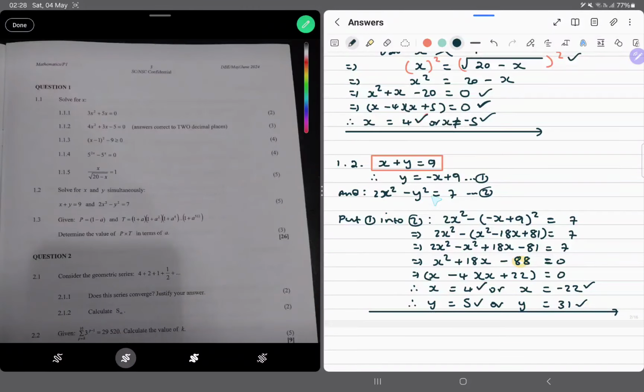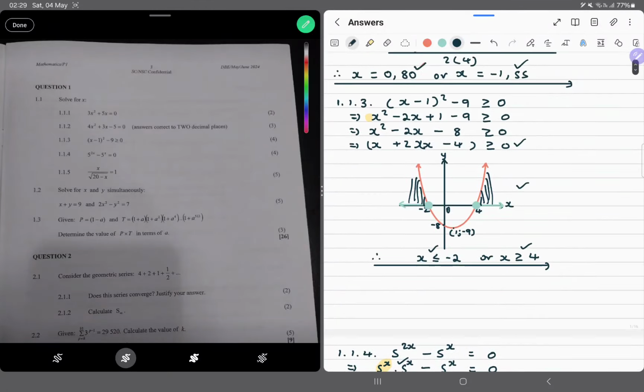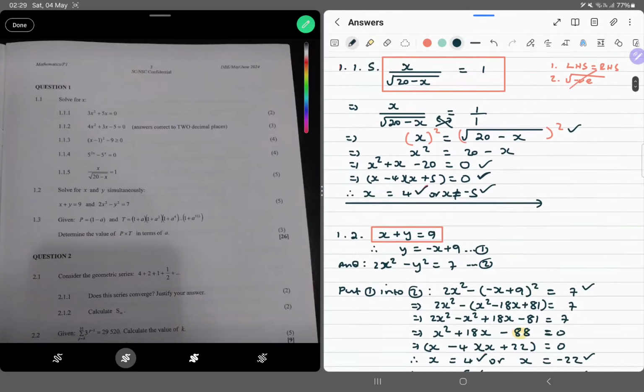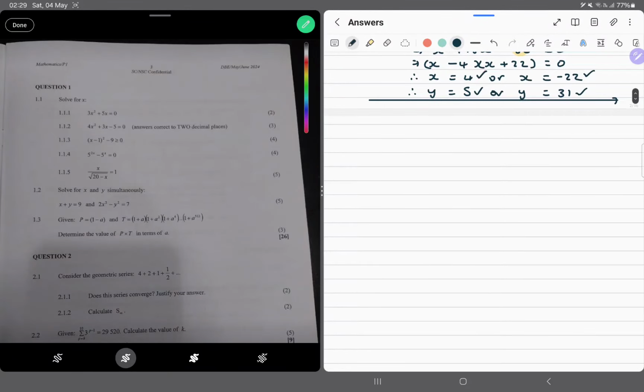You can see this is a circle, literally, and a straight line graph. Okay, great. Now we've got our 4 marks. How many marks? 5. So 1 is for the substitution into the other. So can you see, guys? You can see exactly that these marks are yours. So you're walking away with these marks.